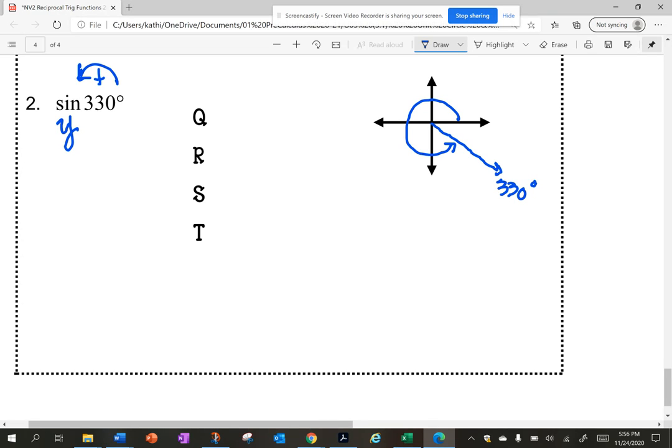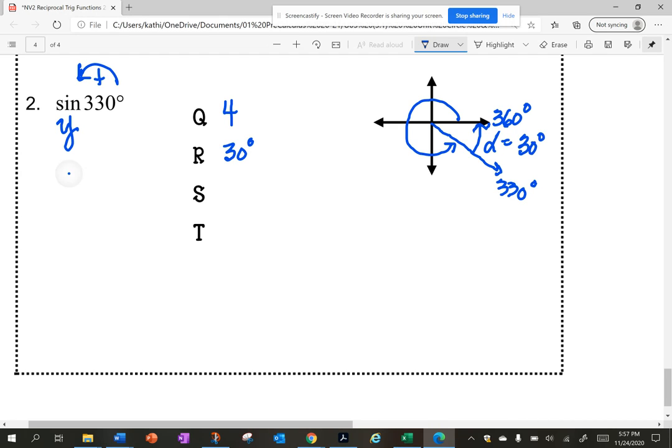So I'm in quadrant number 4. I'm interested in what R is, my reference angle. So my reference angle to the x-axis here, so this is 360 degrees. So alpha equals 30 degrees. 360 minus 330 is 30. So my reference angle is 30 degrees.